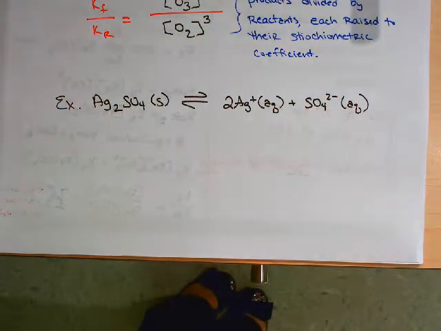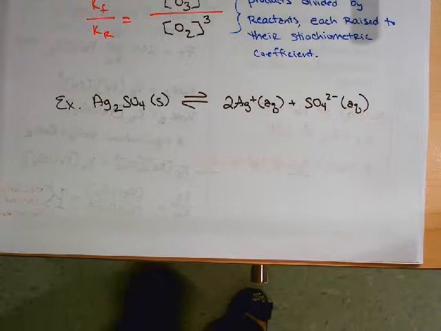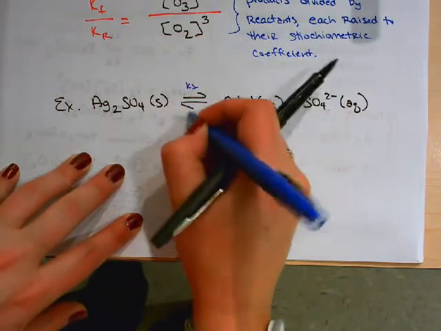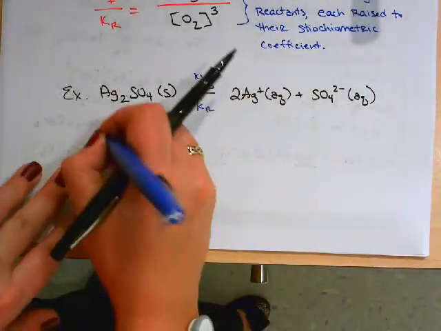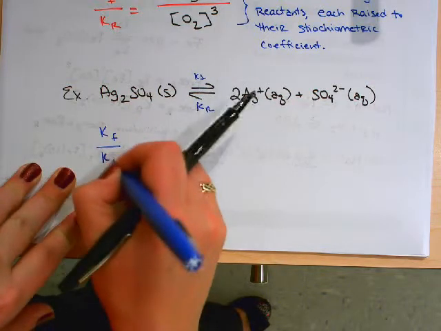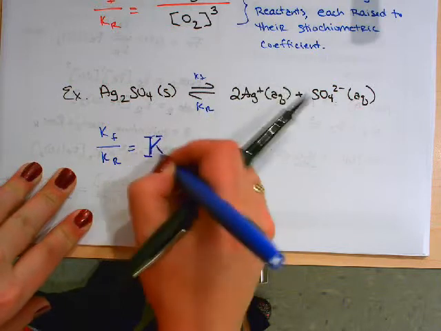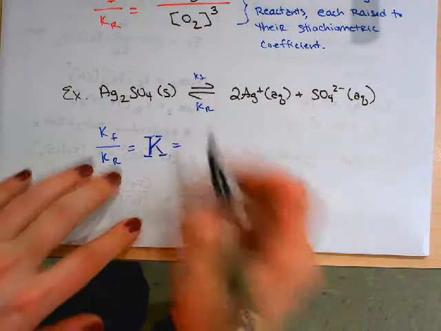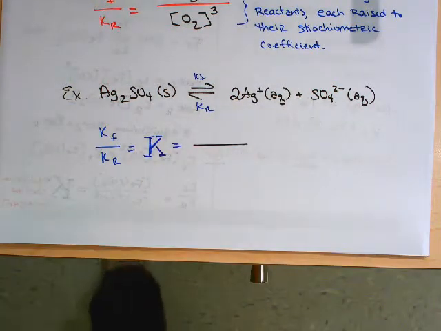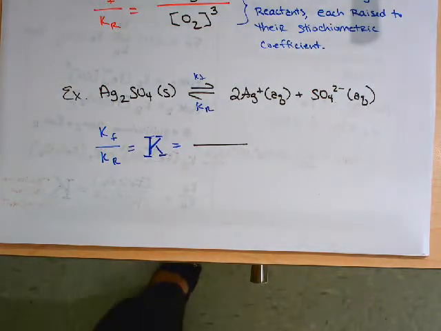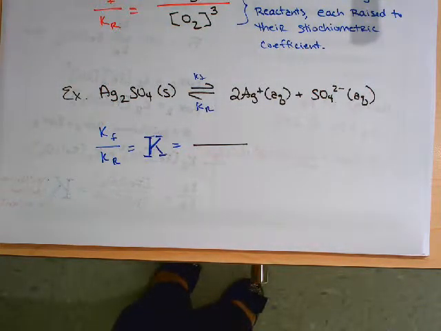Alright, so I have silver sulfate as a solid in equilibrium with 2 silver ions and 1 sulfate ion. Alright, so I have my forward over reverse, which is equal to my big K. What should go on the numerator?